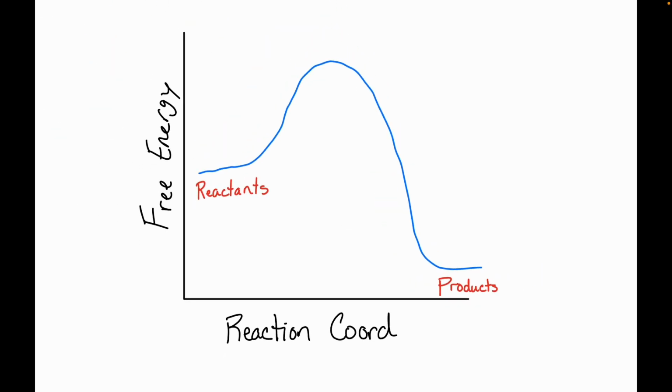Okay, cool. So two pieces of information that we get from looking at this graph. The first corresponds to the delta G of that reaction, the free energy that's released or absorbed as that reaction occurs. And that is simply the difference between where our reactant's energy is and where our product's energy is.